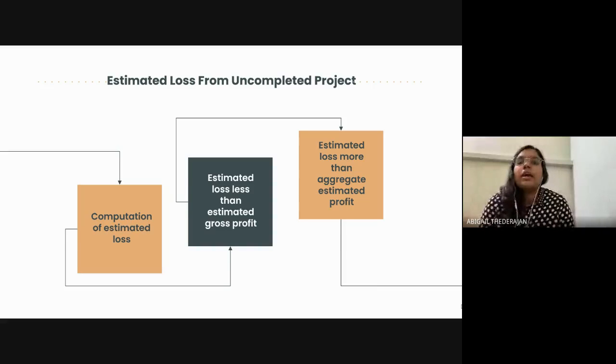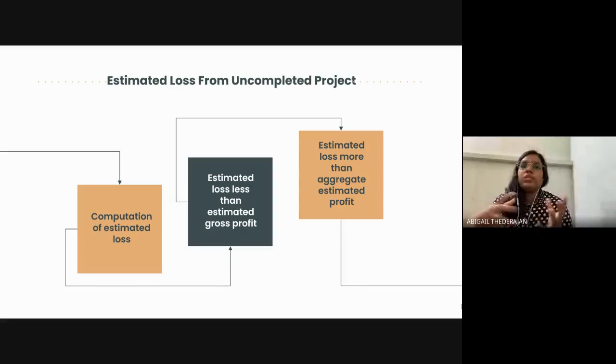All right. What else we can see in this is when there is a loss which is estimated for the year, the property developer can set off the loss against the aggregate gross profit for the other project on the same base year.